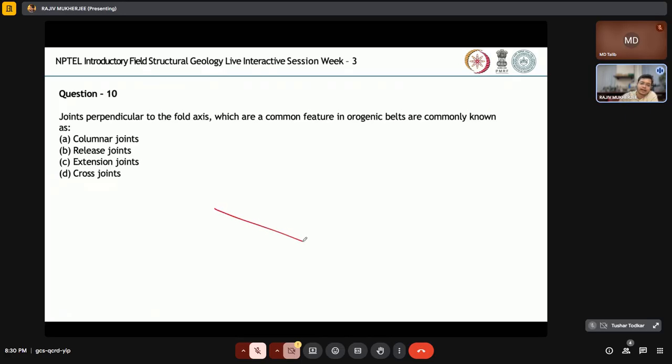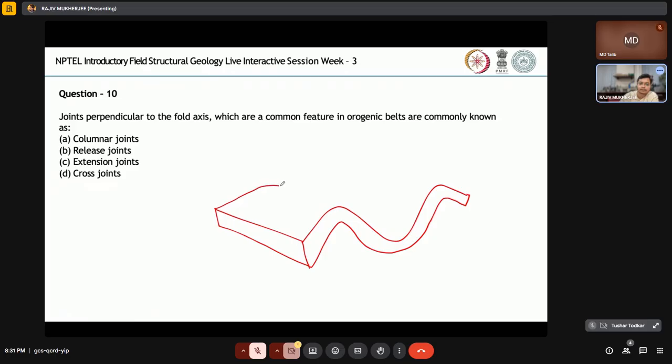Say, for example, we have a folded layer, like this.